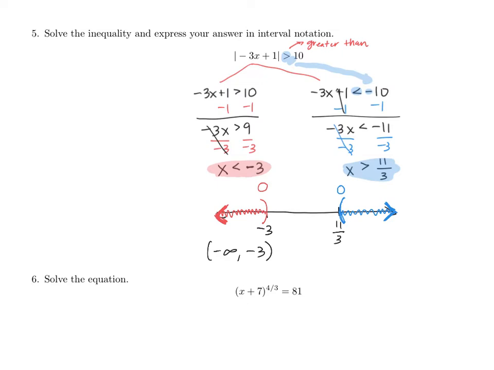And now we're going to say union. So we have another part to our solution set, and that's the blue, or the part on the right. So it starts at 11/3, and it goes forever to the right, so it goes to infinity. All right, so there is the interval notation as asked in the problem.